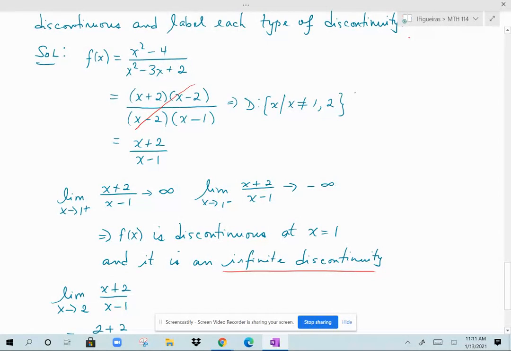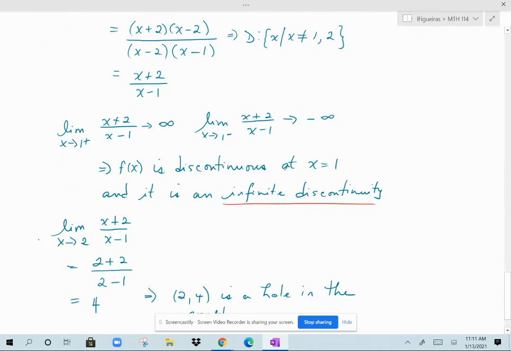Now we have to figure out what's going on at 2. Might not necessarily be the same behavior like I mentioned before. Because these factors cancel, the x minus 2 and the x minus 2 cancel, I know there's going to be a hole there. So we need to figure out, what is this limit? What is the limit as x approaches 2 of x plus 2 over x minus 1? In this case, I can apply direct substitution because that x minus 2 factor canceled before.